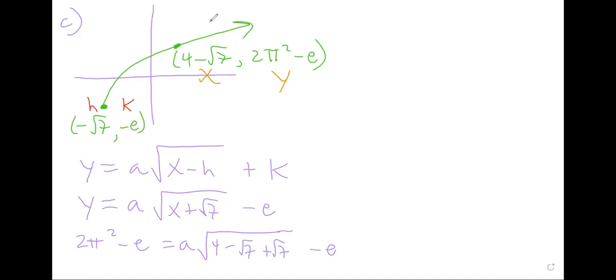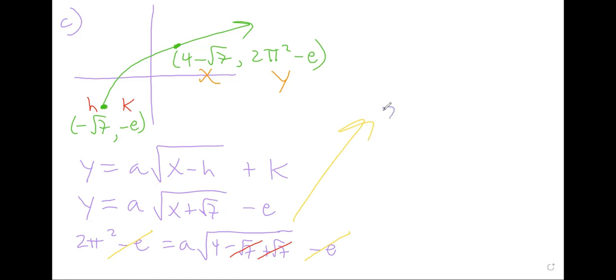Let's see. Oh, like inside the square root, you see the negative square root 7 and the positive? Those are gone. They knock out. Those totally knock out. And furthermore, what else goes away in this whole equation? That negative e in yellow gets knocked out with that negative e in yellow.